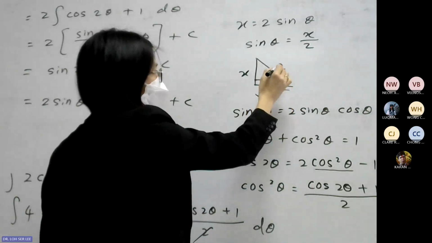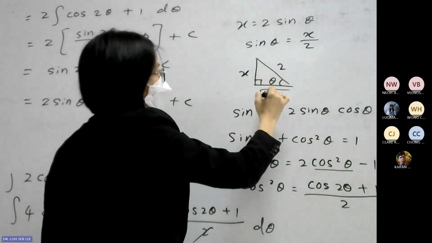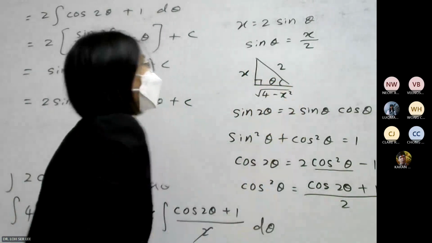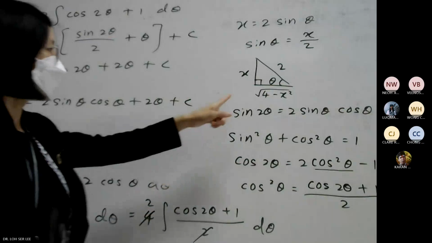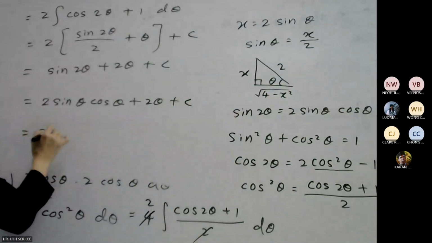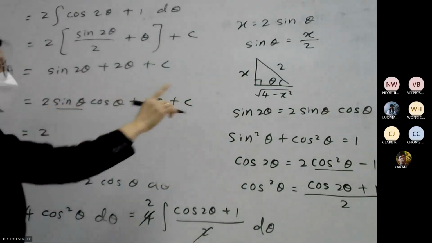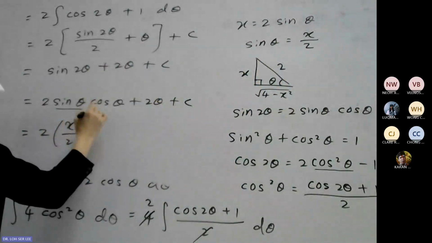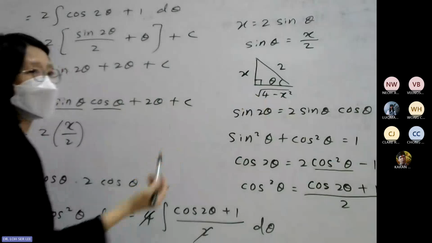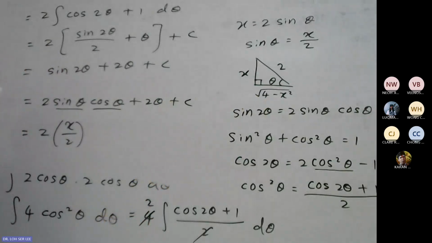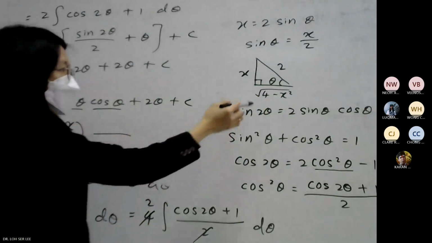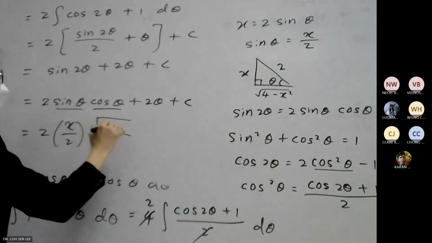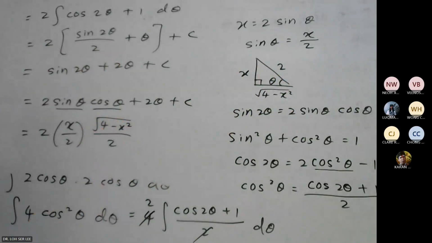The square root of the square of the hypotenuse minus the square of x. So from here, sine theta is x over 2. What is cos theta? Cos theta is this side divided by the hypotenuse, right?